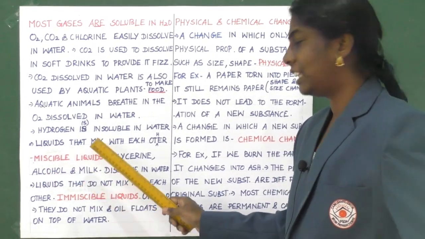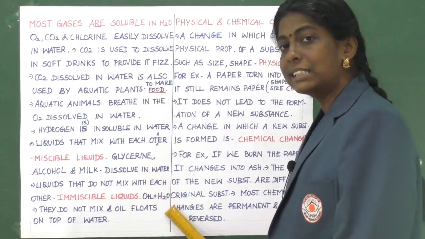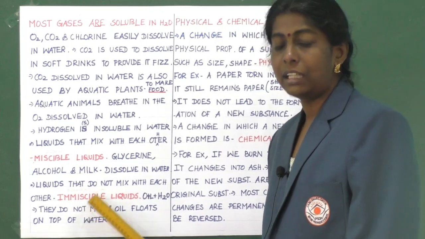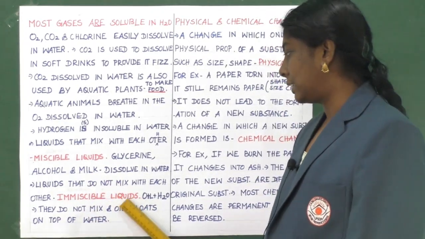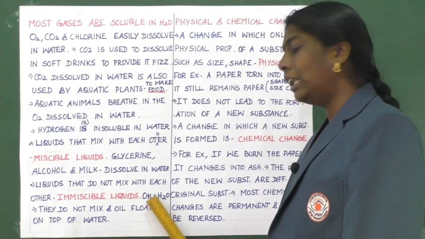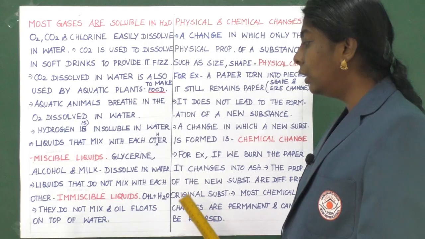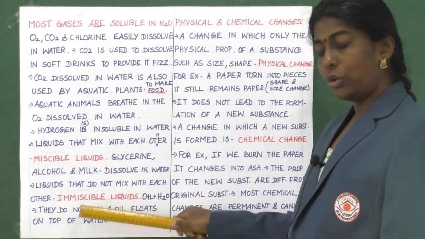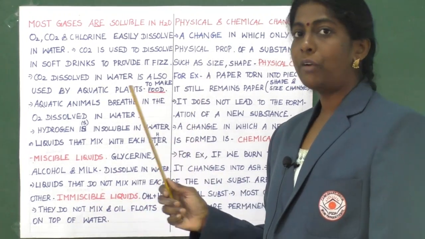Clear, children? Yes. Liquids that do not mix with each other are said to be immiscible liquids. What is that? Immiscible liquids. For example, oil mixed with water. So what happened? They do not mix, and oil floats on top of water.